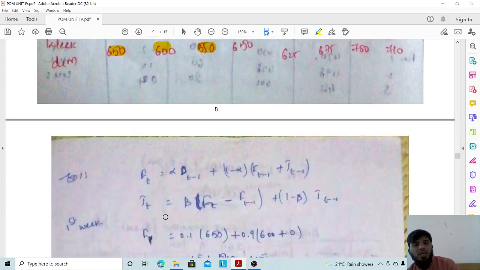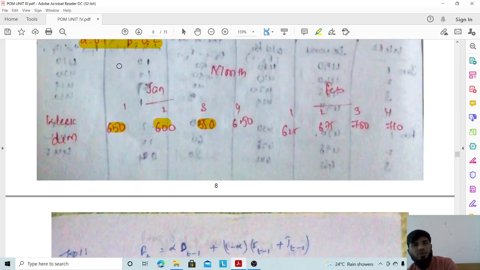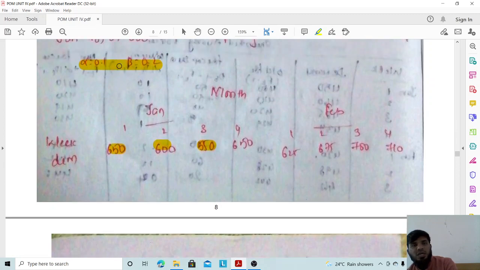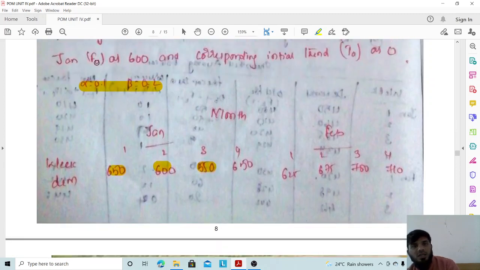We know the forecast for a particular period. I want to find the forecast for the first week, because I know F naught, the initial data, is given as 600.